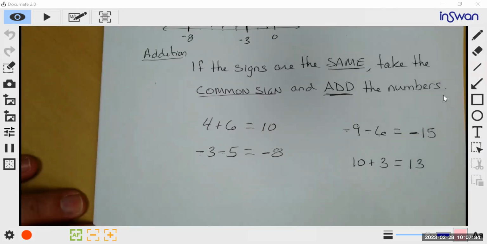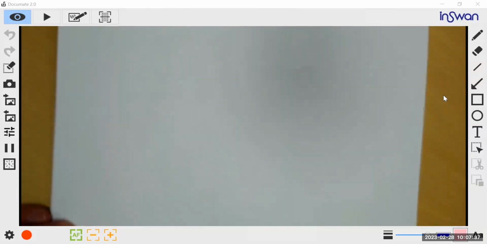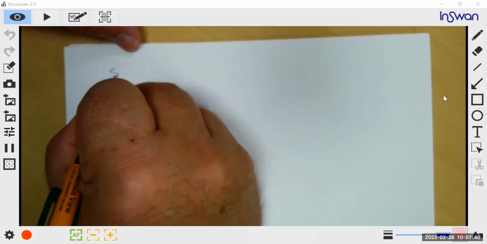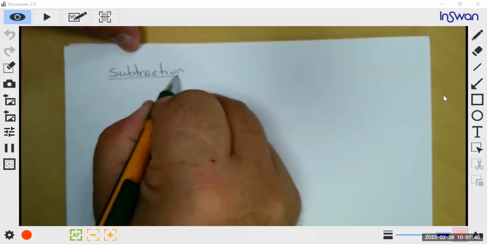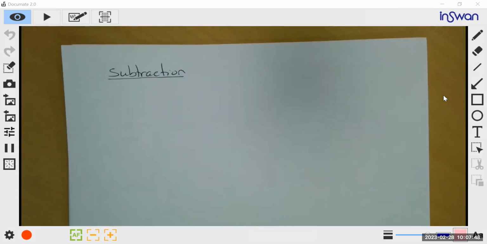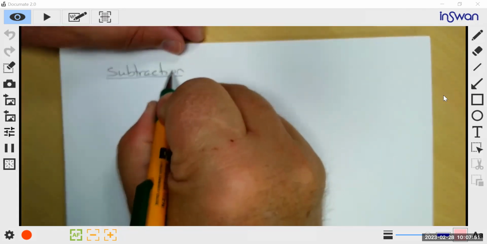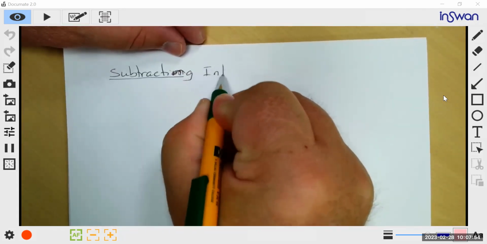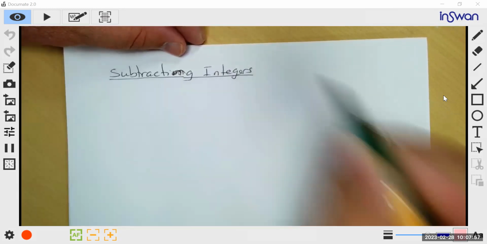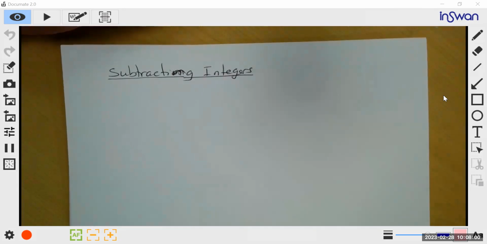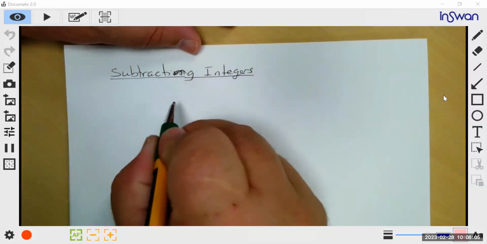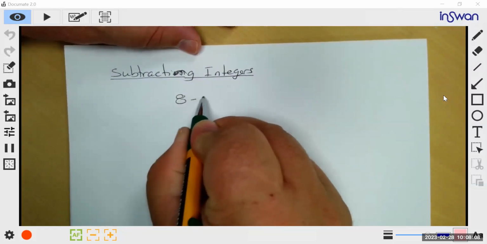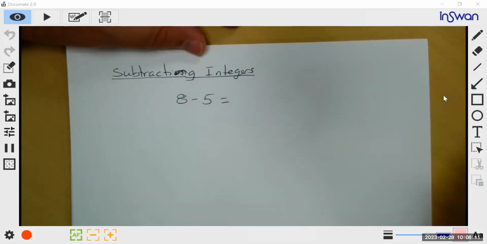The same thing goes with subtraction, or subtracting integers. 8 minus 5 is what?